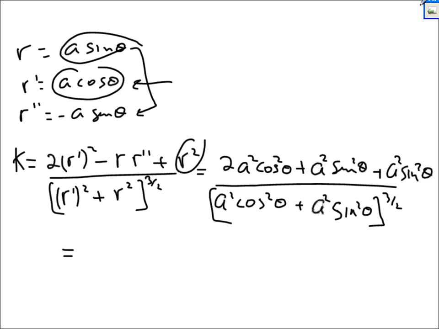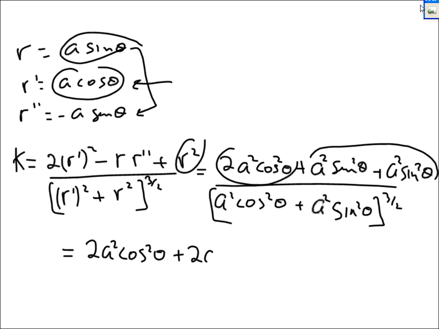Okay. In the numerator, I'm going to keep the 2a squared cosine squared theta. I'm not going to do anything to this piece. But these two pieces are the same, and I'm adding them. So I get positive 2a squared sine squared theta. And in the bottom I have just what I have.